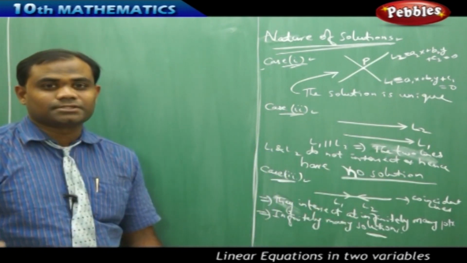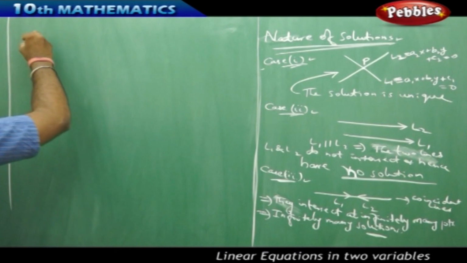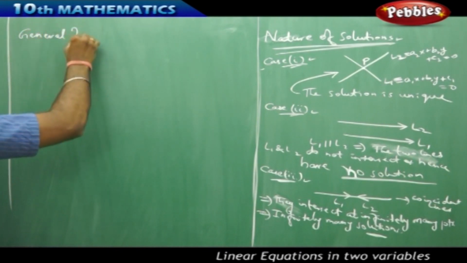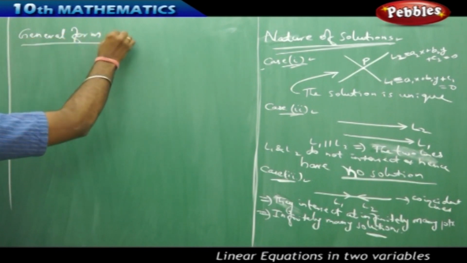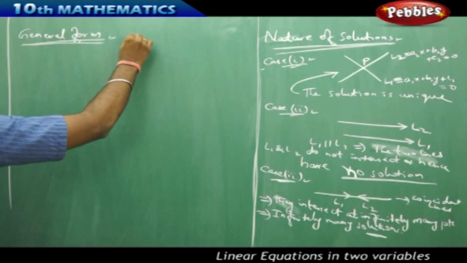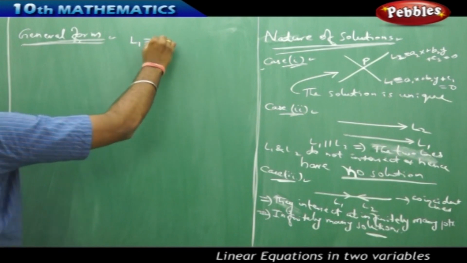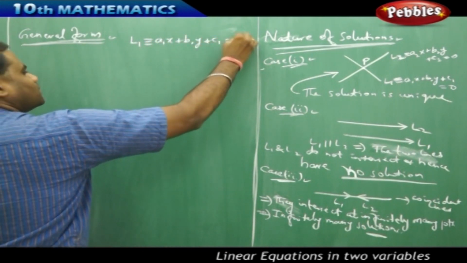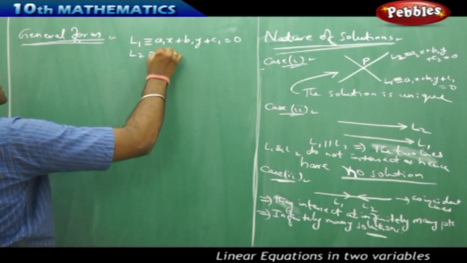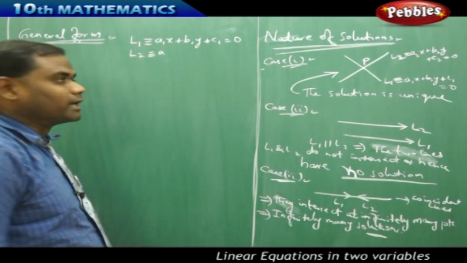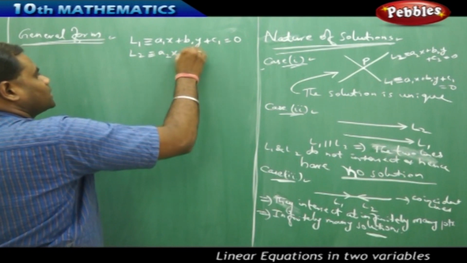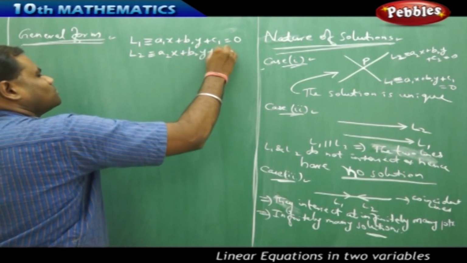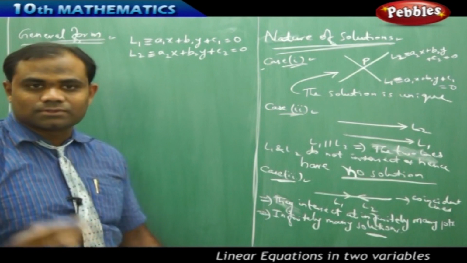Say I take the two lines in general form. My line L1 is A1x plus B1y plus C1 equal to 0, and my line L2 is A2x plus B2y plus C2 equal to 0.